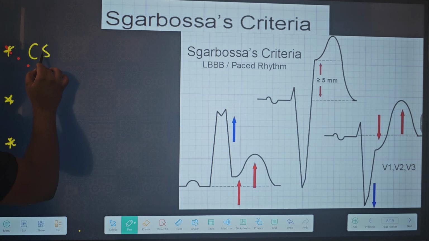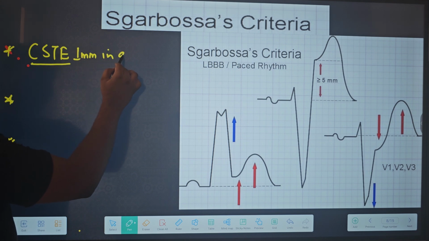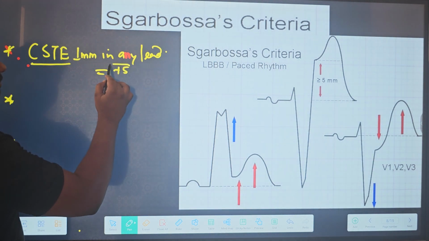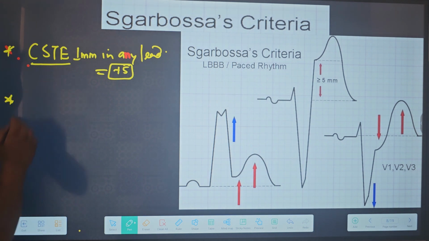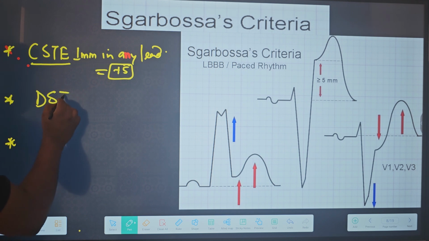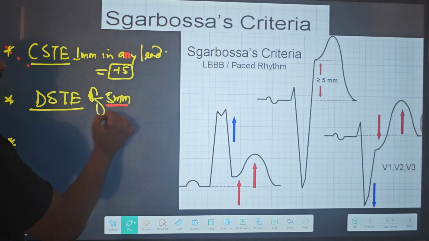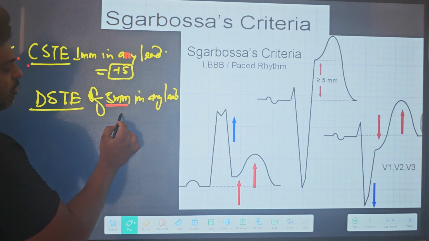For example, concordant ST segment elevation of 1 millimeter in any lead will be given a point of +5. Discordant ST segment elevation of 5 millimeter, please remember, this is taken as 5 millimeter in any lead, is given a point of +2.